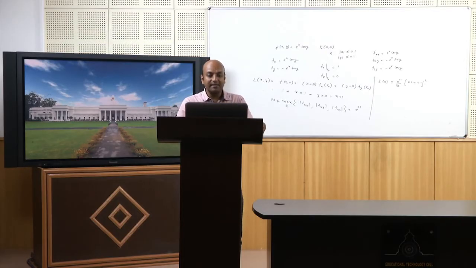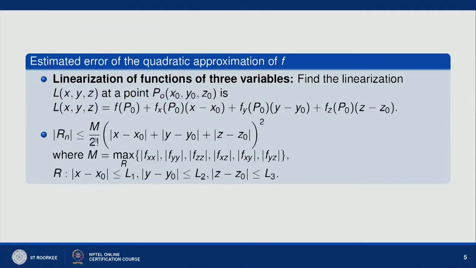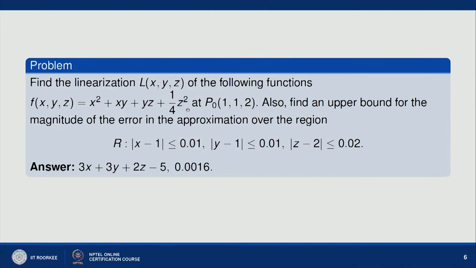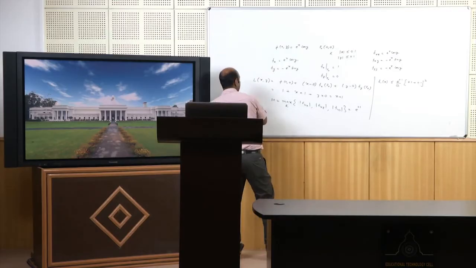And similarly, the error bound of this linear approximation is given by M by factorial 2 (|x − x₀| + |y − y₀| + |z − z₀|) whole square, where M is the maximum of all second order partial derivatives, all combinations, and R is given by this region. Say we want to solve this problem of 3 variable function.